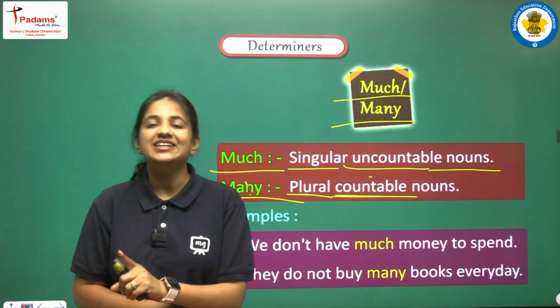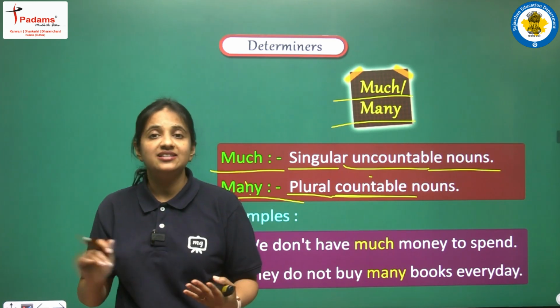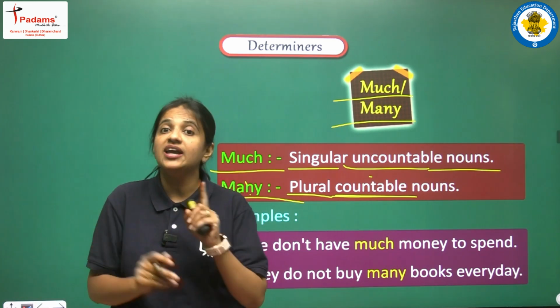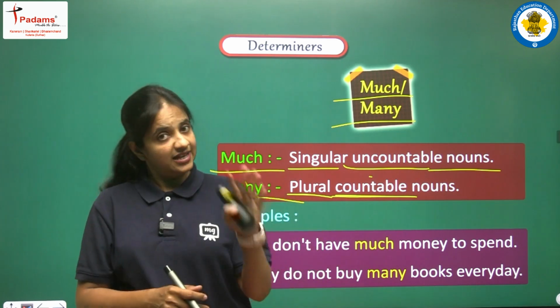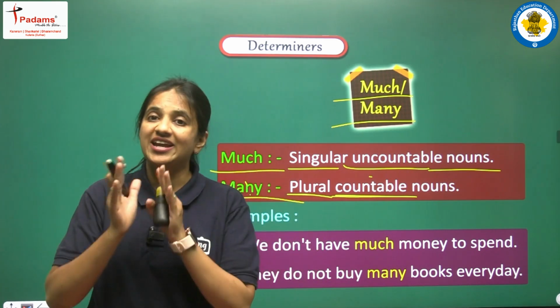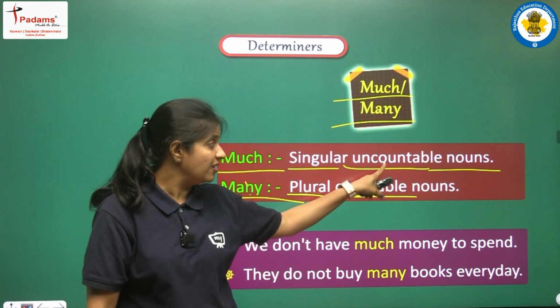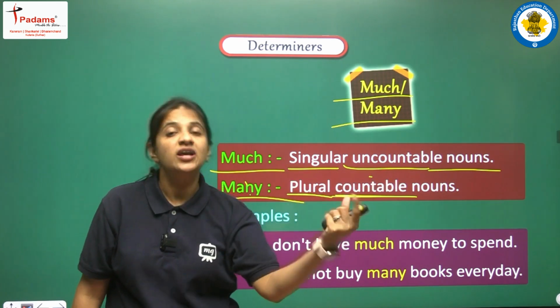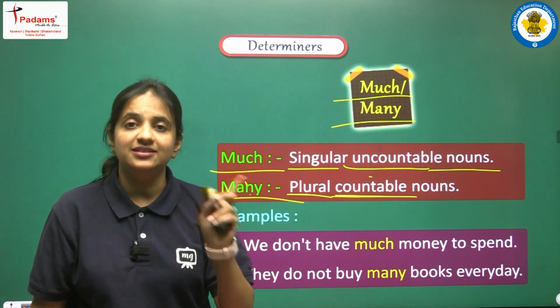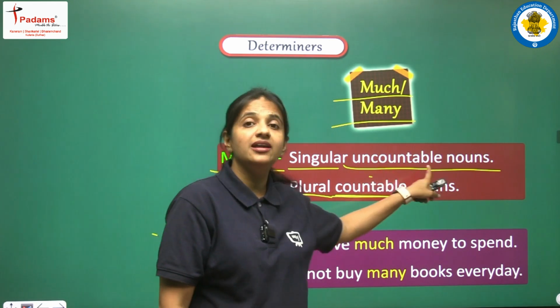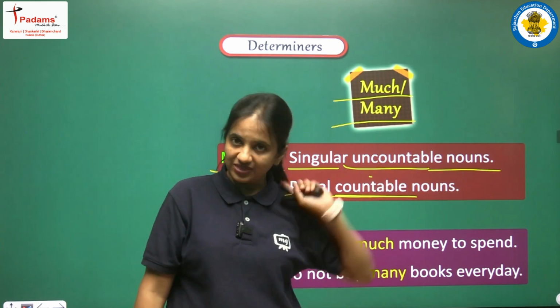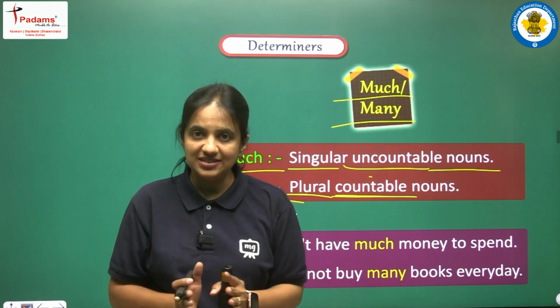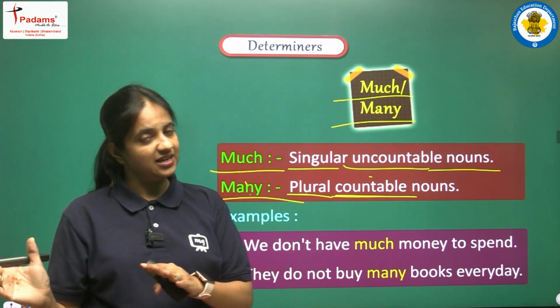You cannot say that there is 5 milk, there is 6 milk. No, we cannot count the milk. Yes, we can measure it, but we cannot count. And here we are talking about the term count, and we cannot count the milk, and this is the reason that milk is an uncountable noun. Clear? I hope it is clear what is countable, what is uncountable.